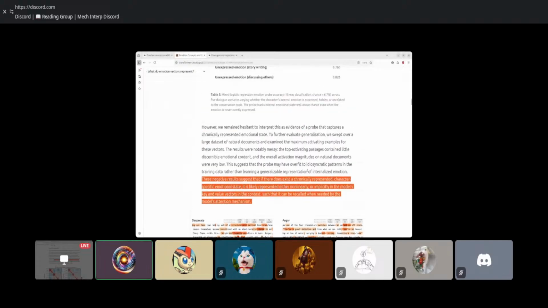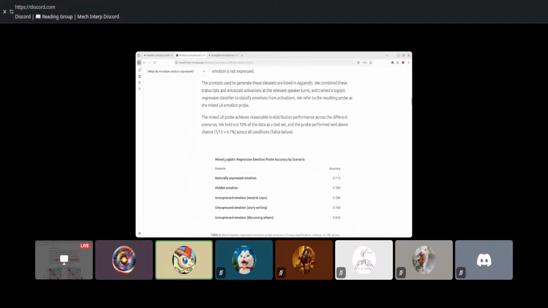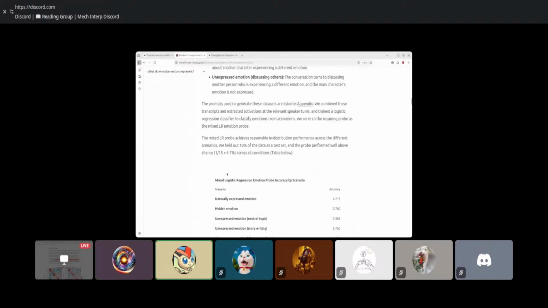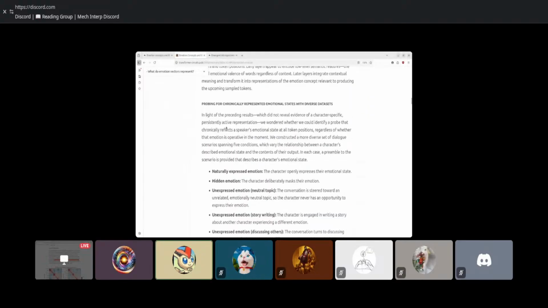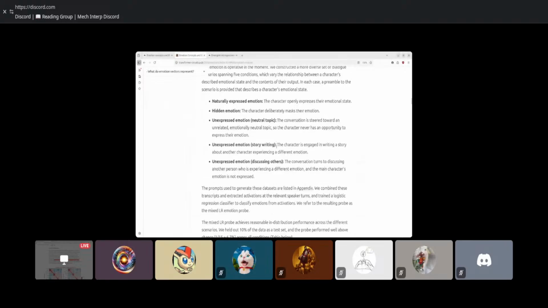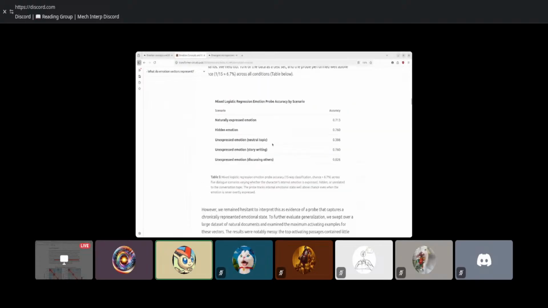So they have some negative result? Yes, they tried to find chronically represented emotional states with diverse stories. Like, if the model is, during the whole text, thinking about having some emotion while it talks about something else, or sometimes it's writing a story and things like that.